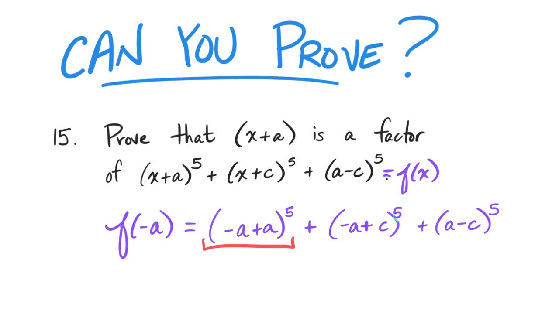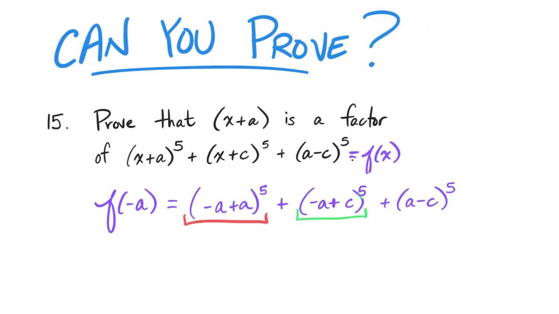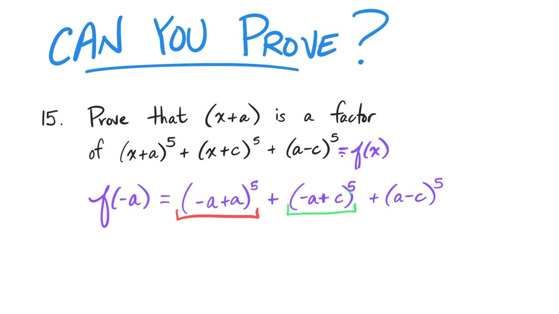Okay, so what could I do? Well, let's zero in a little bit on those brackets. First off, do you notice that the bases of those powers are really close to being the same thing? Really close. So maybe I might try to manipulate a little bit to see, can I make them the same? So if I take the bracket that I've underlined in green, inside that bracket I'm going to factor out a negative 1.